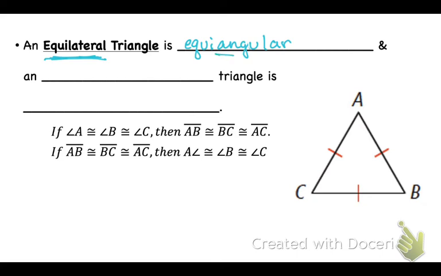And if it's equiangular, it's also equilateral. So if I know the sides are equal, I know the angles are equal. And if I know the angles are equal, then I know the sides are equal.